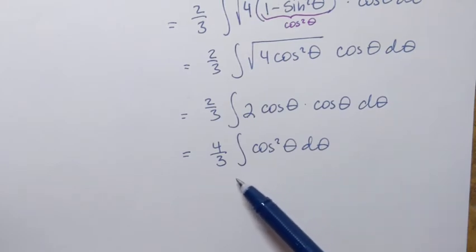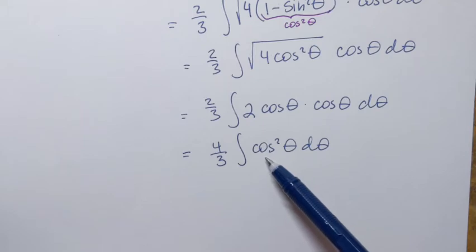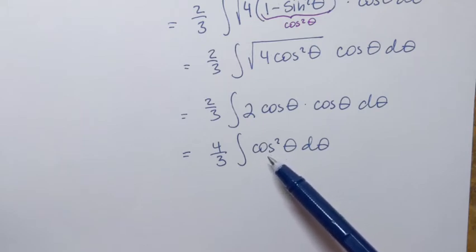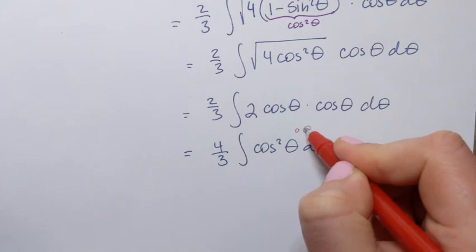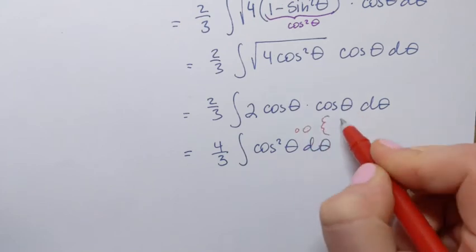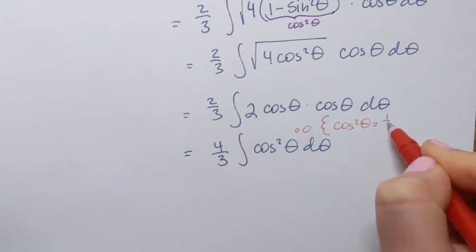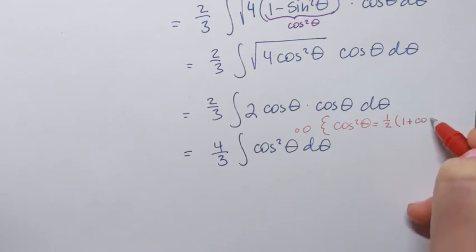So when we have a trigonometric integral that involves one or two functions, but all of the functions raised to even powers, we would need to use the half angle identity. So what is that identity? It goes like this. Cosine squared of theta equals 1/2 times 1 plus cosine of 2 theta.